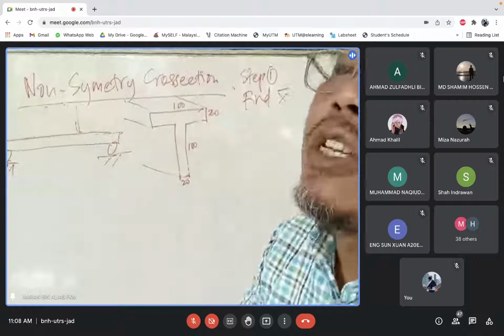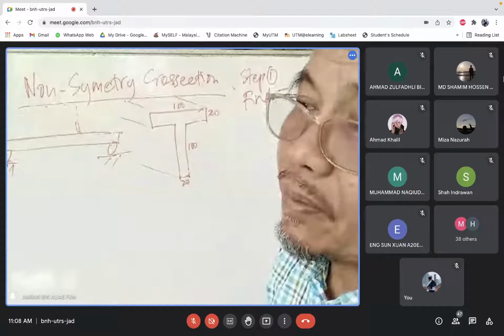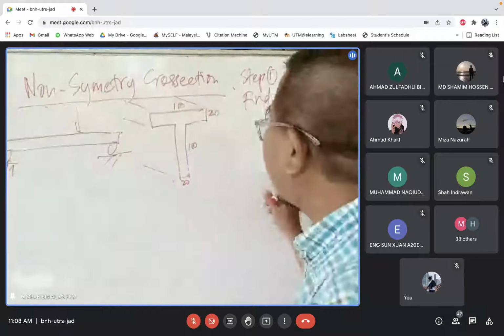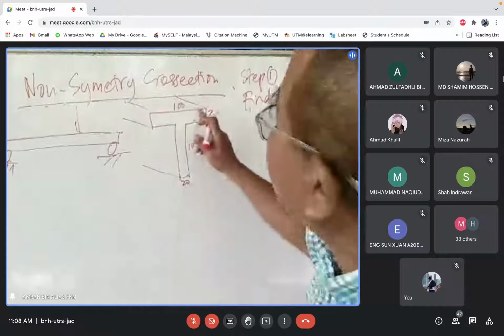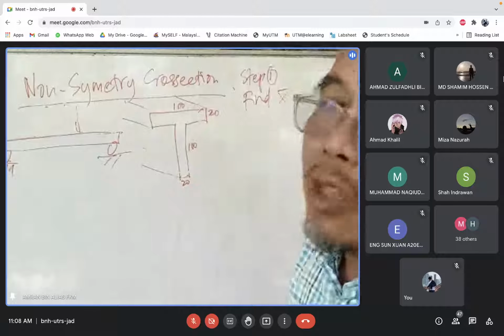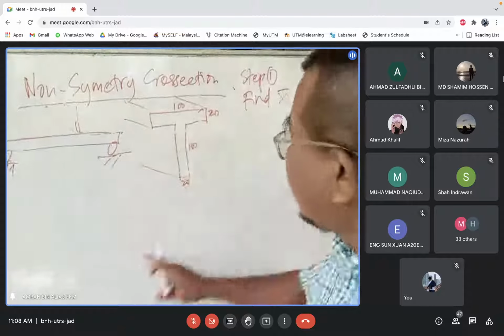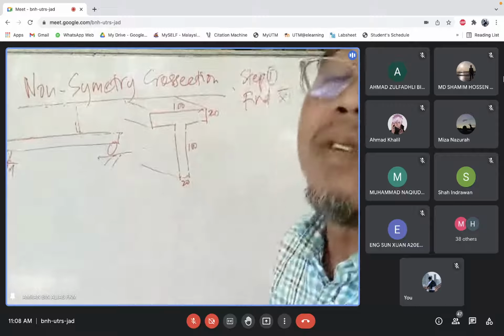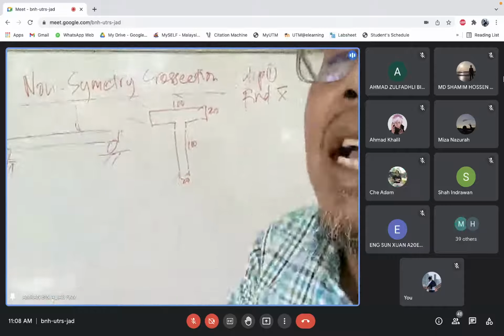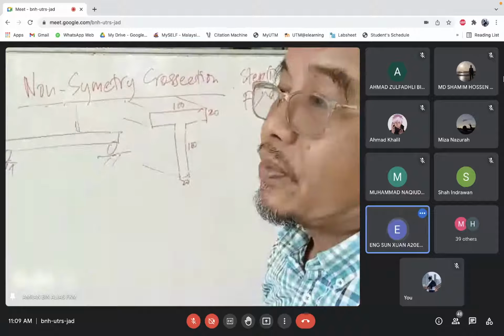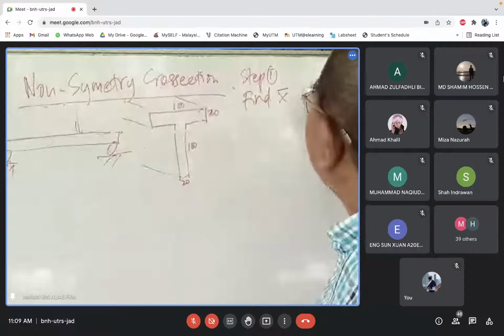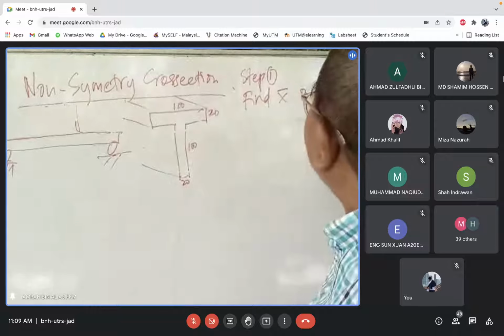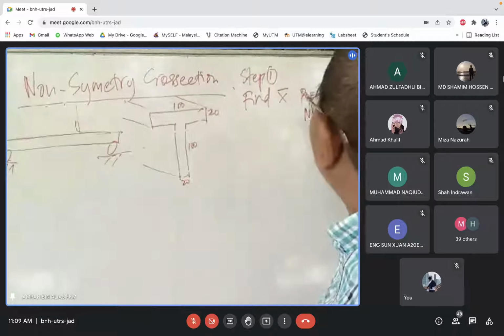From anywhere you decide. If you decide to measure from the bottom, your X bar is from the bottom. If you decide from the top, it's from the top. If you decide from somewhere else, it's from that distance. Are you with me, guys? Yes. X bar, what is that definition? Position of the neutral axis.